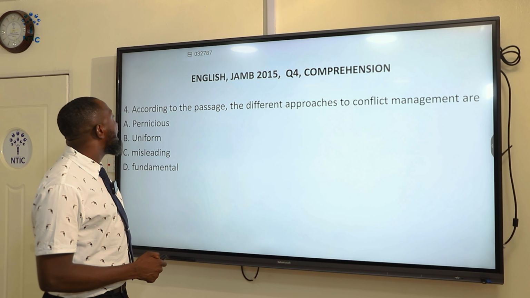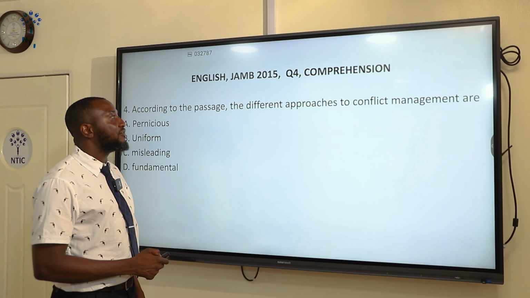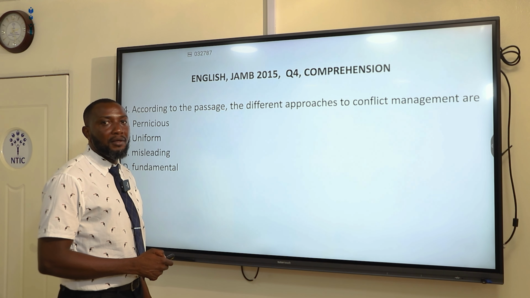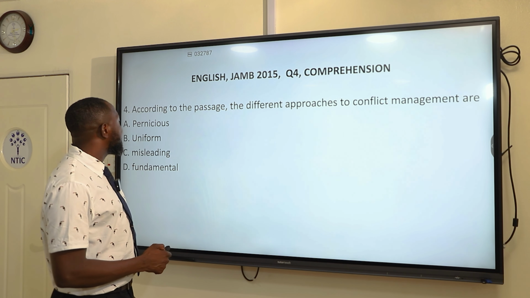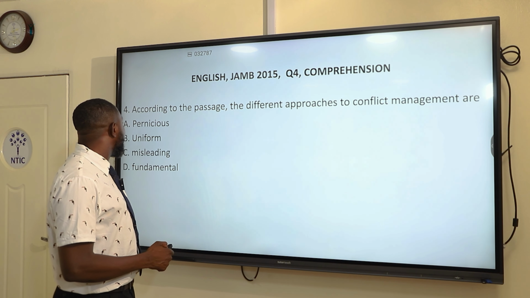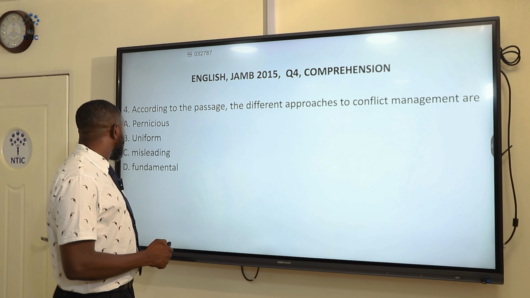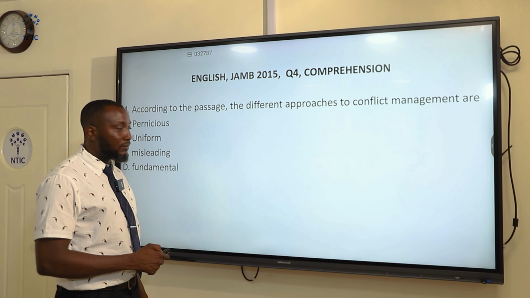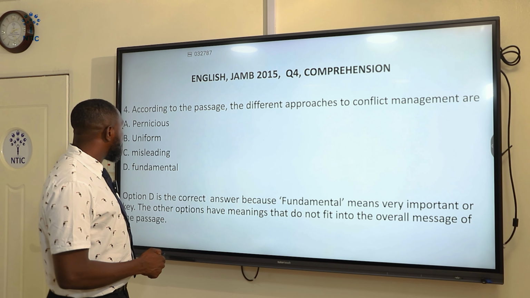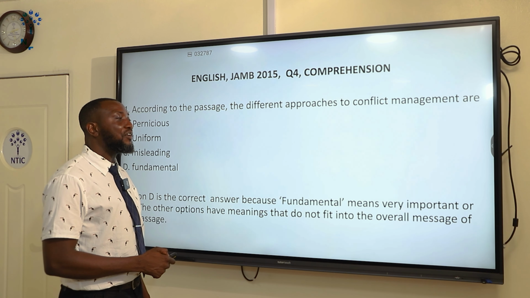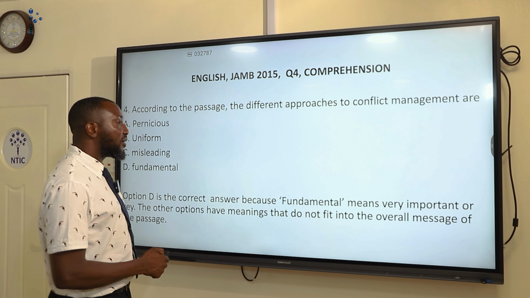Number 4, according to the passage, the different approaches to conflict management are: A, pernicious; B, uniform; C, misleading; D, fundamental. Option D is the correct answer because fundamental means very important or key.